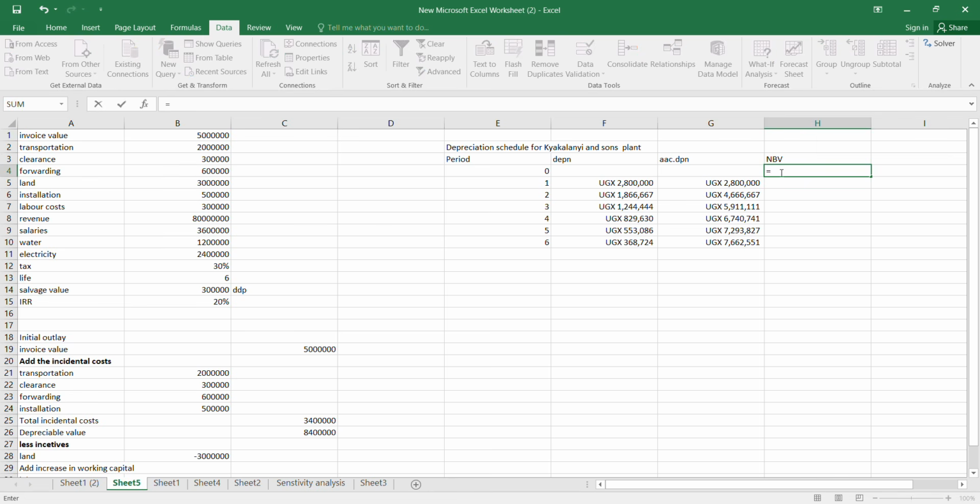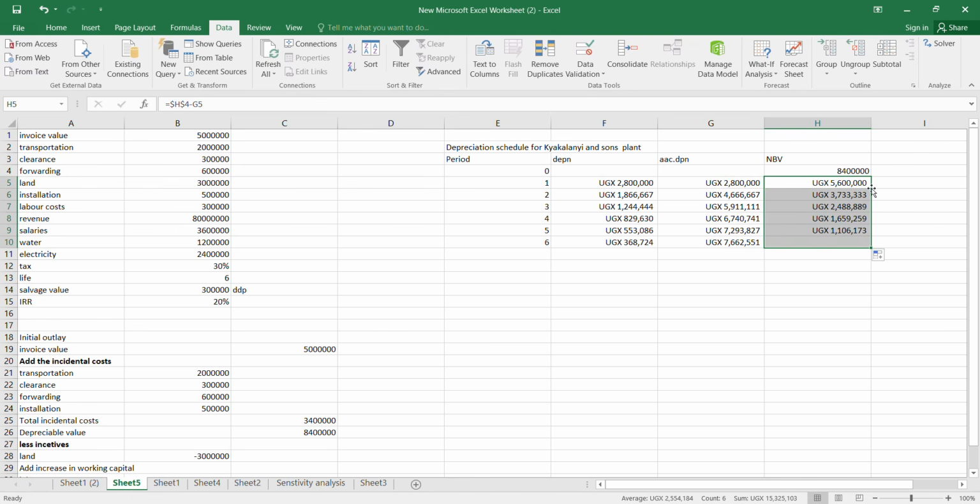Then our net book value at 0 years will be the depreciable value, and our net book value is got by getting, in the first year, the net book value minus the accumulated depreciation. Then we fix the net book value. Press enter.